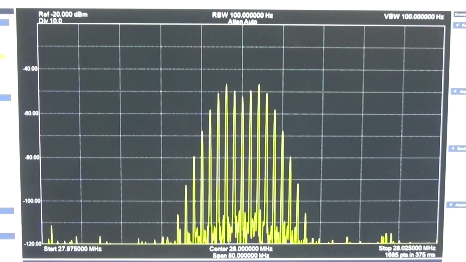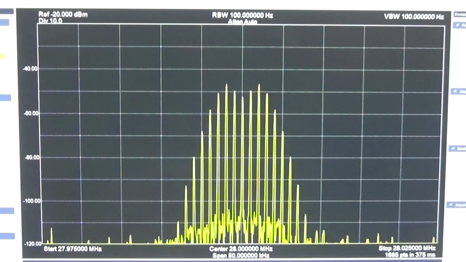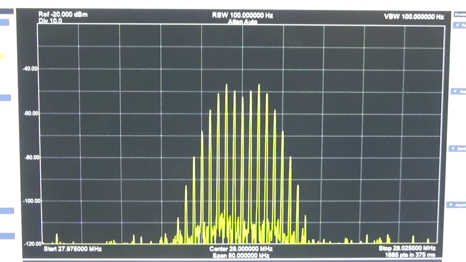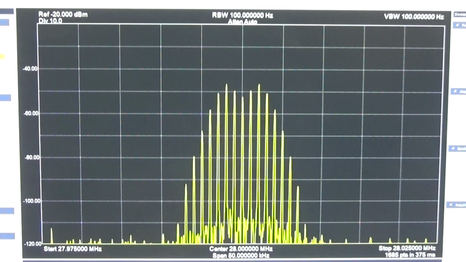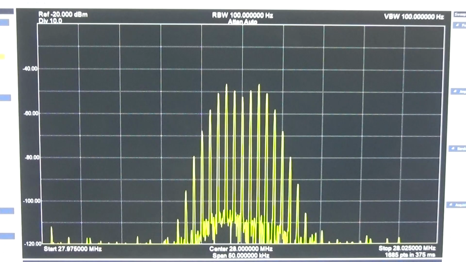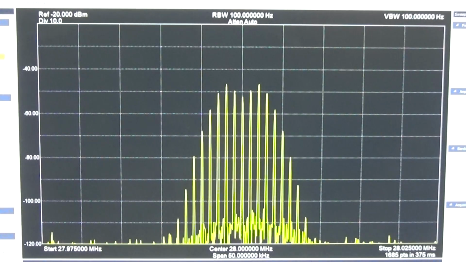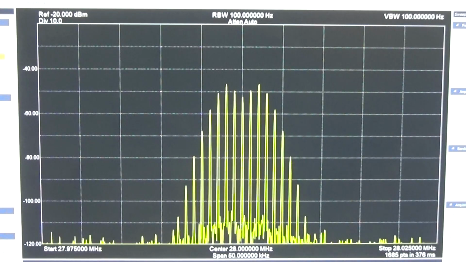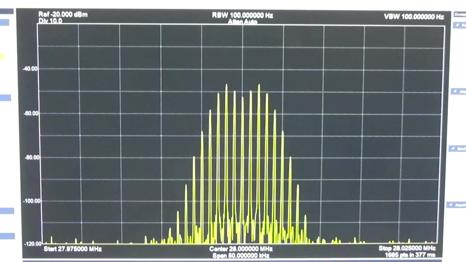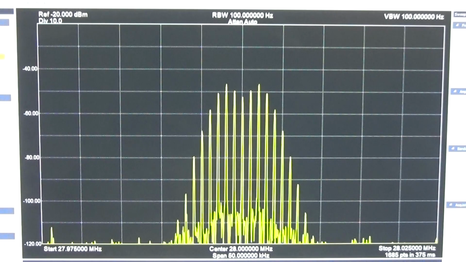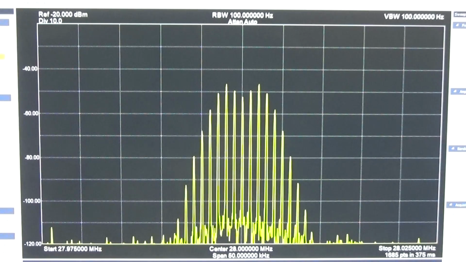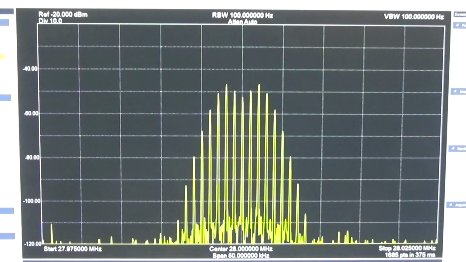That means an FM signal can easily go into your neighboring channels and will distort them. Therefore, you really need to keep an eye on the bandwidth, and you need to adjust the right deviation to the right channel space.